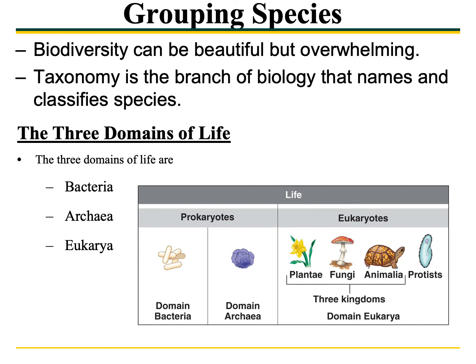Then rather than having this very large number, we can focus on categories where things make sense to be grouped together. Taxonomy is the branch of biology that names and classifies species. So we're going to spend a little bit of time talking about what's referred to as the 3 domains of life, and then a little breakdown from that point on.